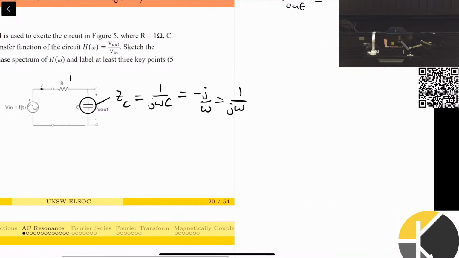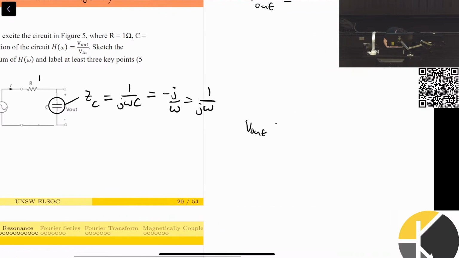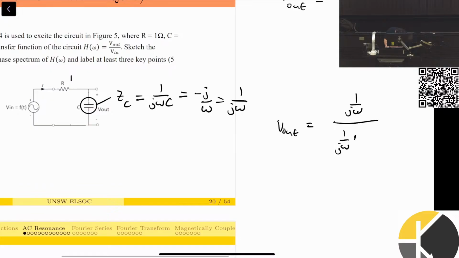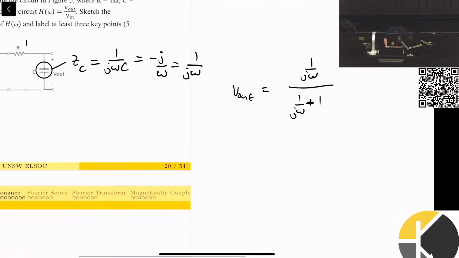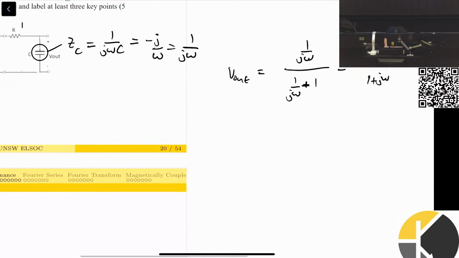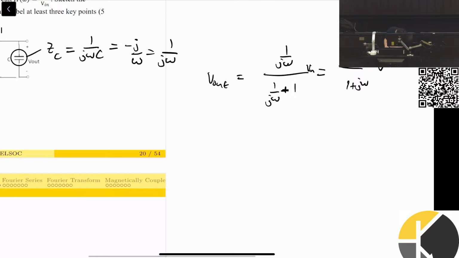So we'll use a voltage divider: V out equals 1 on j omega, over 1 on j omega plus 1. Oh, C is 1 in this example, sorry. That becomes 1 on 1 plus j omega, times V in, and our transfer function is equal to 1 on 1 plus j omega.